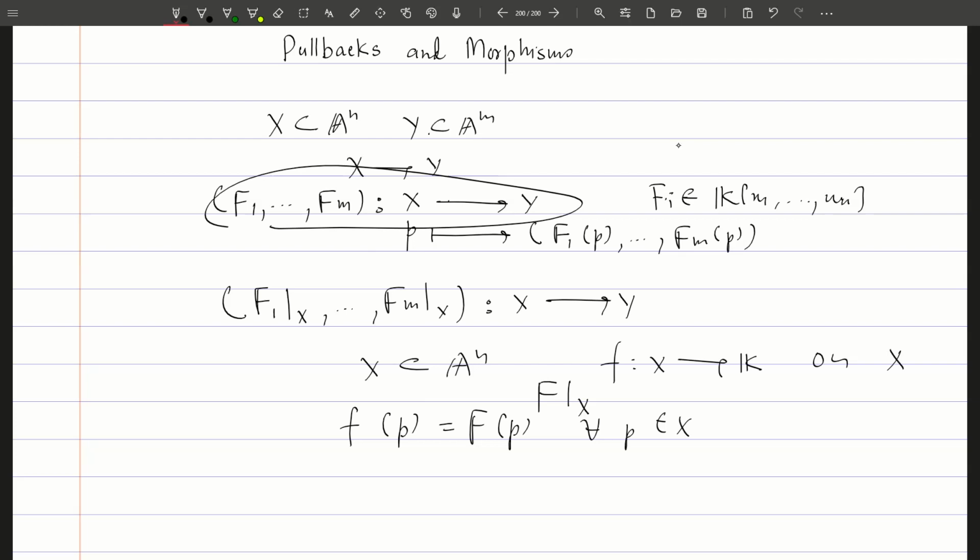Now we know what the polynomial maps are and what the polynomial functions are.